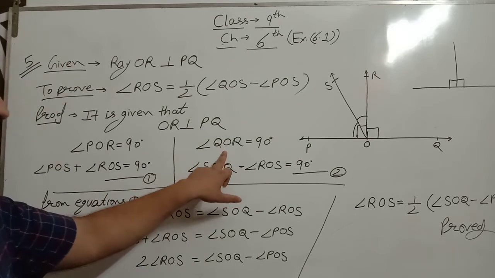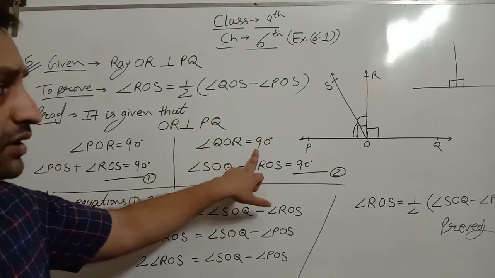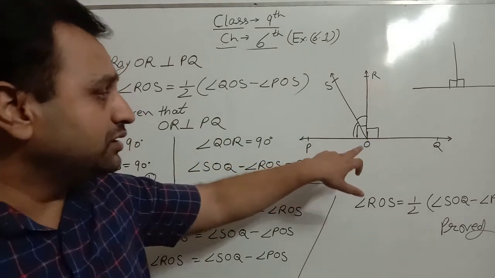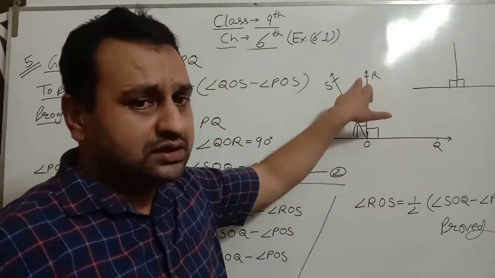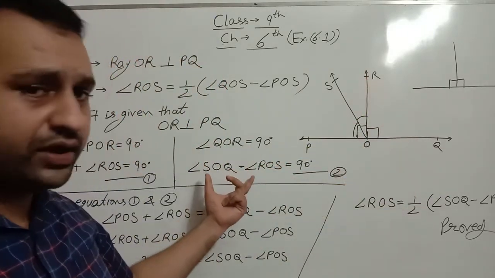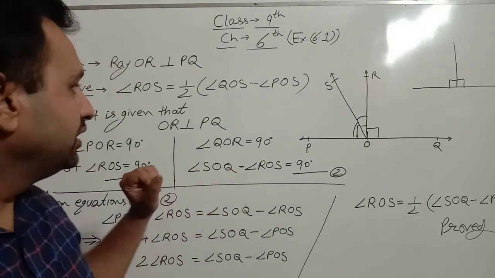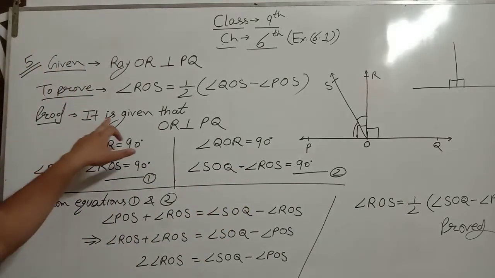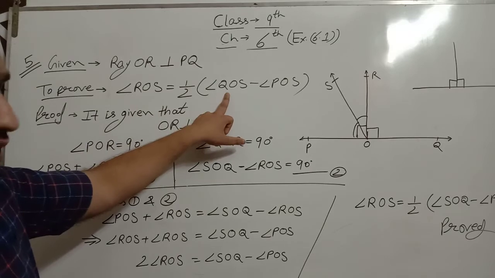In the second part, angle QOR is equal to 90 degrees, and we observe that this angle is not divided into two parts. So how can we represent it? We observe that in the proof we required angle QOS.